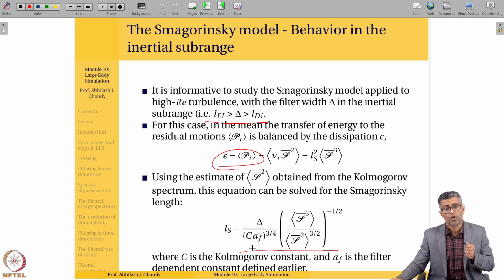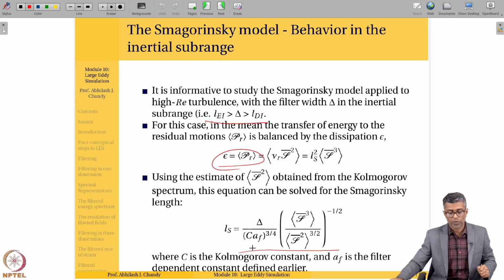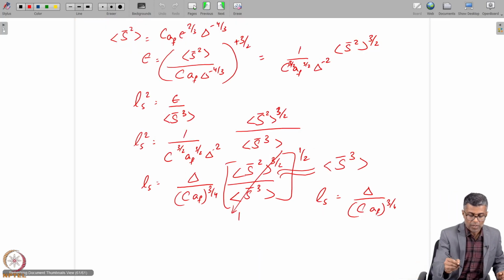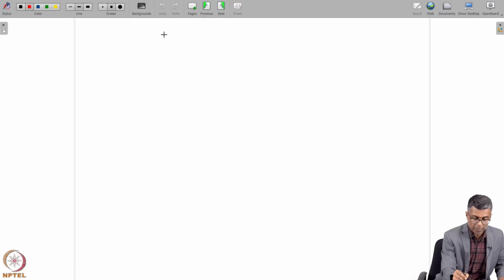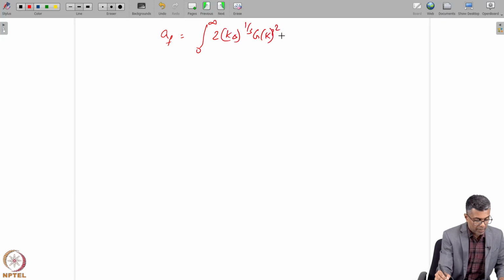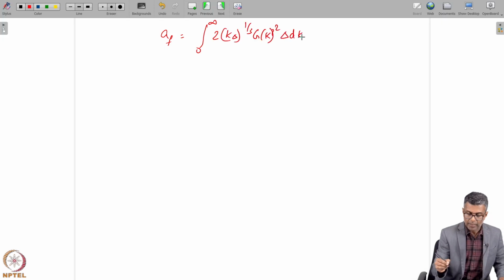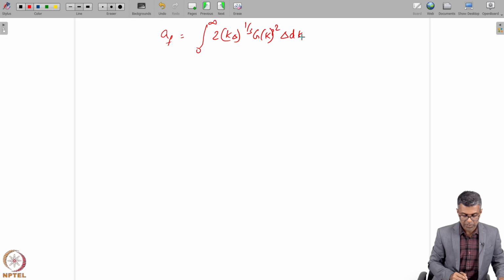Now we need to derive what AF is. If you remember the equation that I had shown earlier, AF is integral 0 to infinity 2 kappa delta to the 1/3 G of kappa squared delta d kappa.